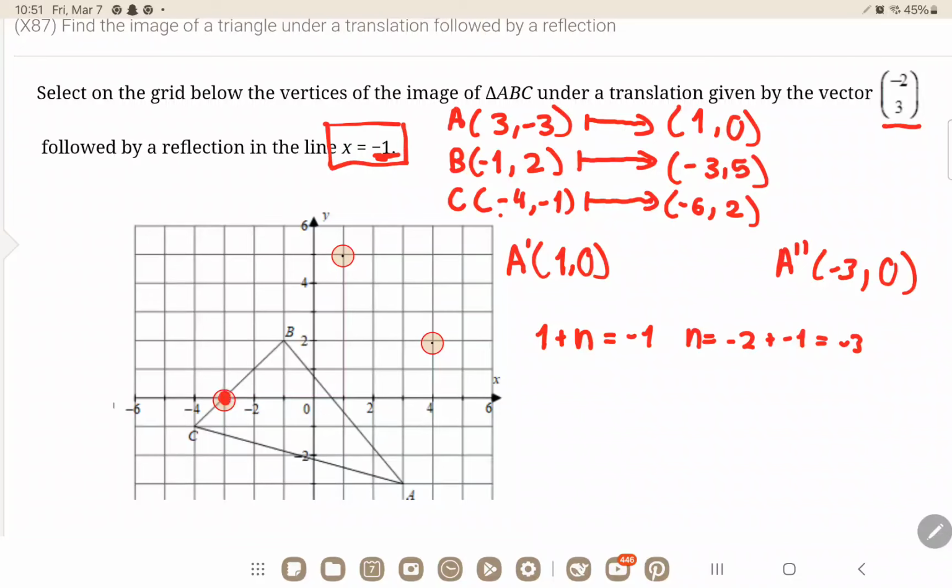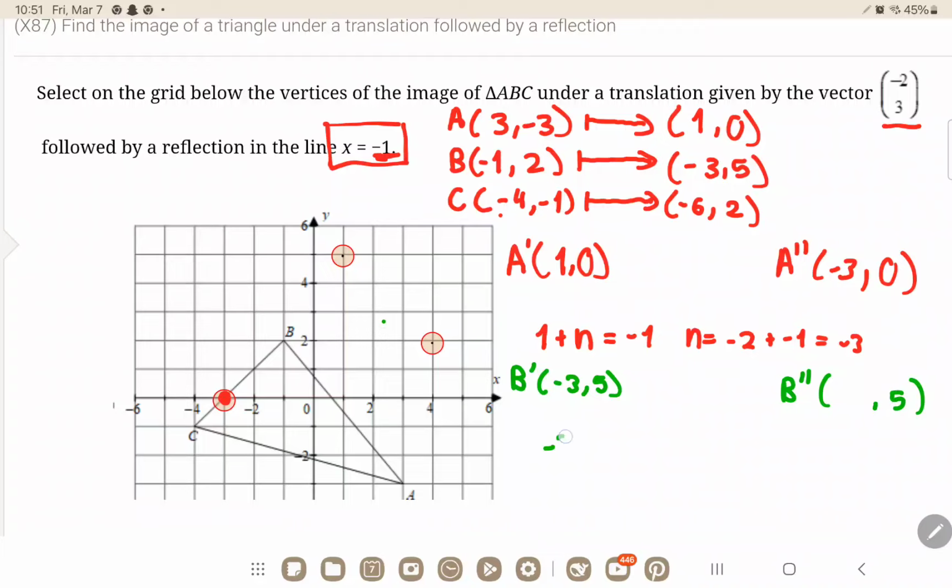Now, let's do the same for point B. So for point B prime, it's -3, 5. Now B prime prime is gonna be something, 5. So the 5 remains the same. The y stays the same.